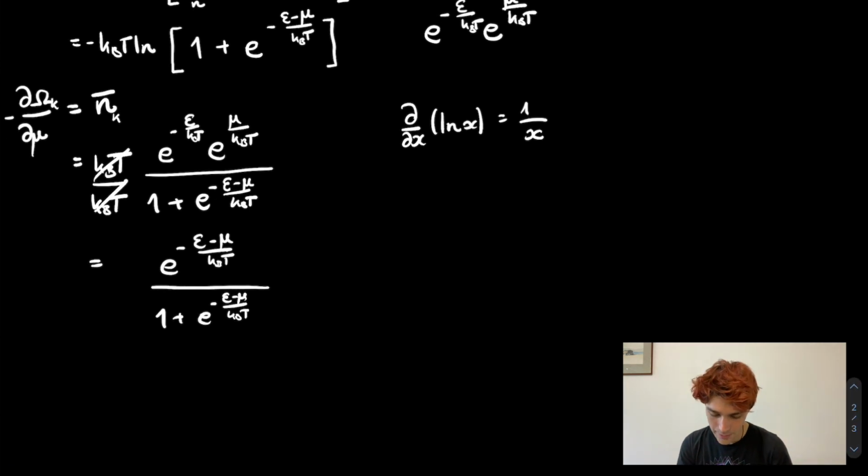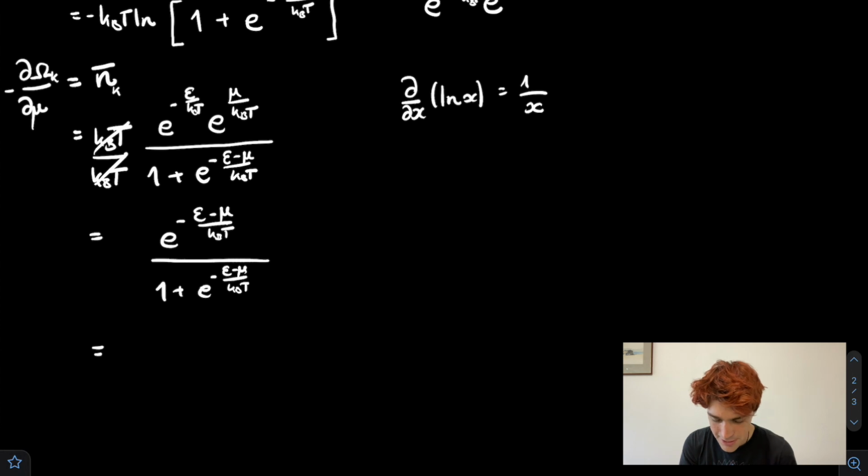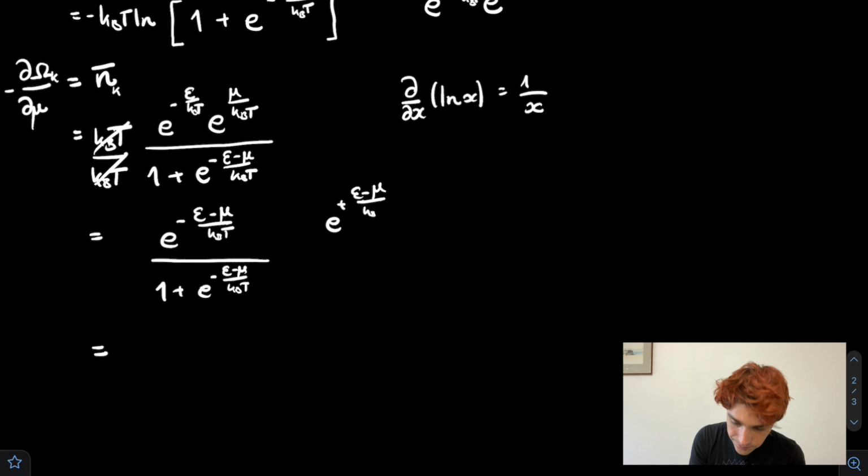As one final step, I'm going to multiply the entire fraction by e to the plus epsilon minus mu over kBT. When I do that, e to the plus something multiplied by e to the minus something is just 1, so that term becomes 1.